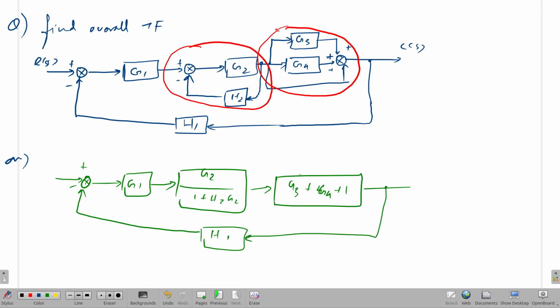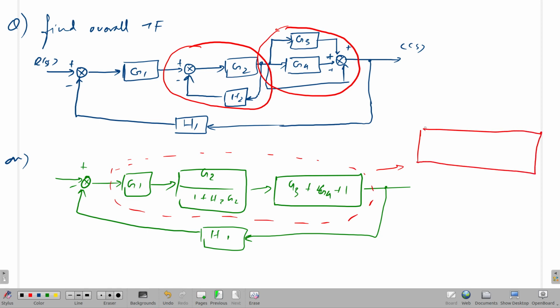So now how do you find the overall transfer function? This cascade you can replace with one complete block. What will be the transfer function of this new block?